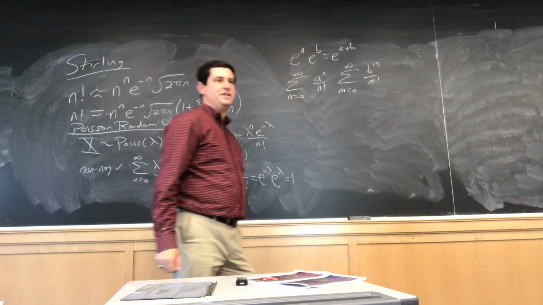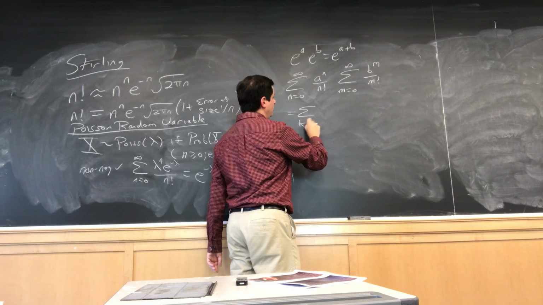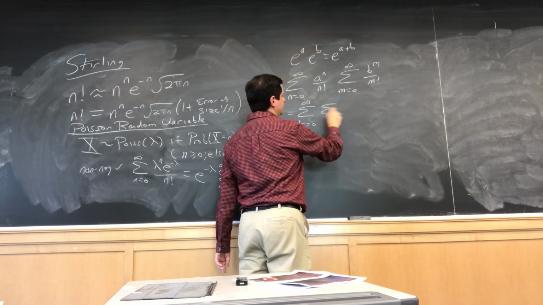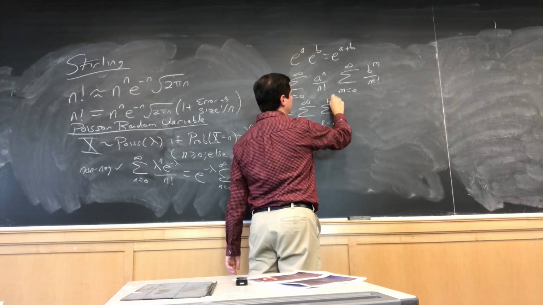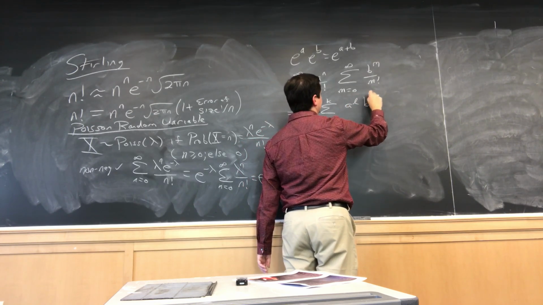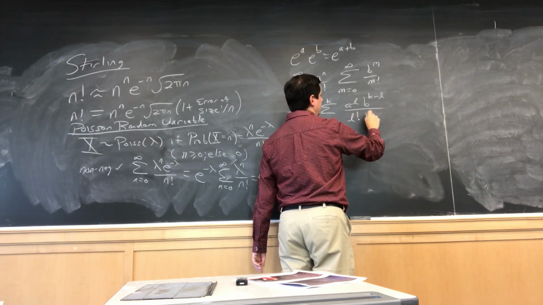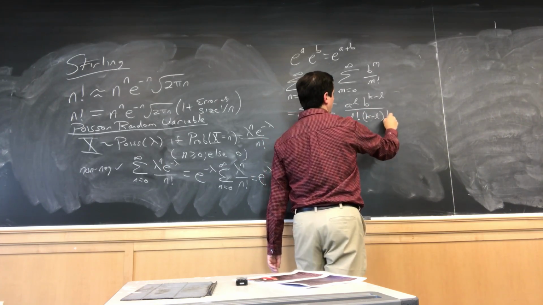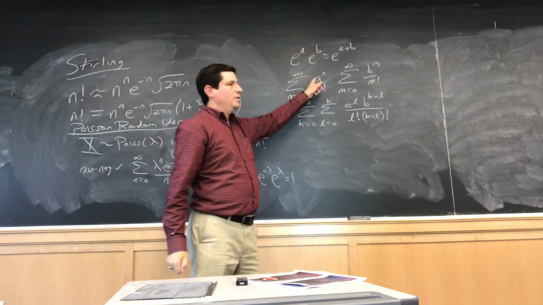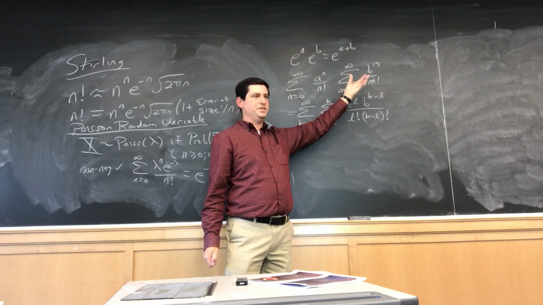I'm going to do the math fast and loose. So this is the same as the sum, k goes from 0 to infinity, the sum L goes from 0 to k, a to the L, b to the k minus L, over L factorial, k minus L factorial. And what I'm doing is saying, look, when I multiply the two terms, I'm going to get a to some power and b to some power.